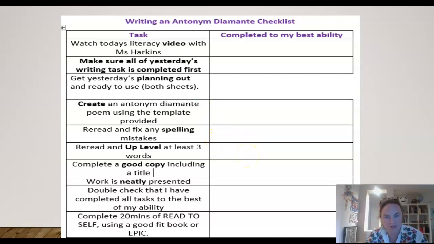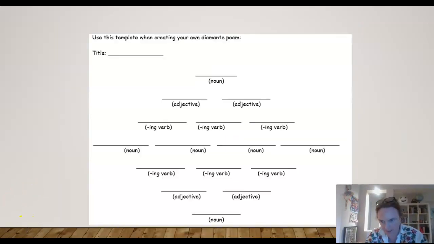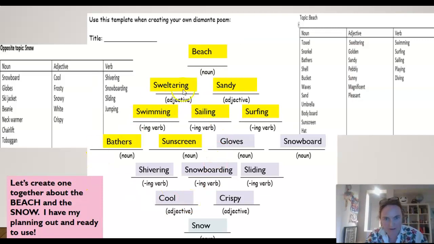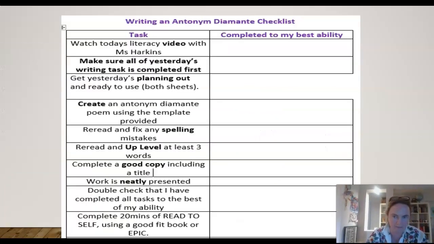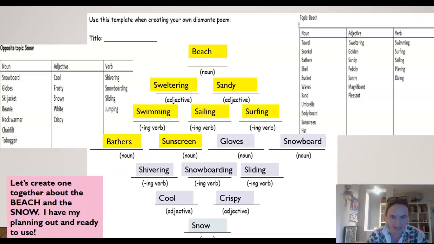Now, once you've done that, you haven't finished. So I'm going to go back to this. I finished this, so I'm up to this step. I've checked my checklist. Now there are some other things that my checklist is asking me to do. Let's have a look. Reread and fix any spelling mistakes. So I would go back to mine and beach looks right, sweltering looks right, sandy looks right.